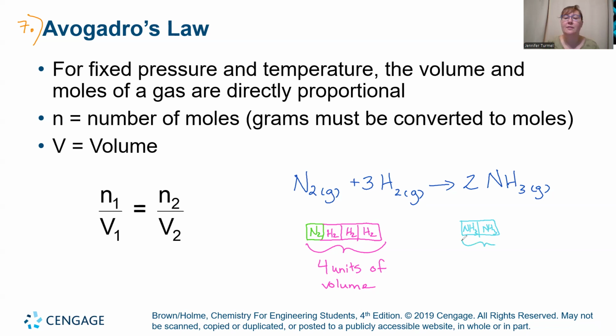So what this will form is that during this, we'll go from having 4 units of volume to only 2 units of volume. And that is because our volume for a gas is mostly empty space, just reviewing back to chapters 1 and 2, mostly empty space. And it doesn't matter how large the molecules are, just how many we have of them.